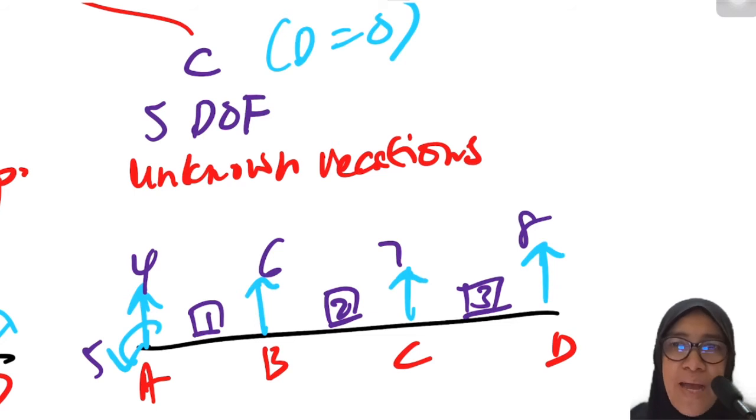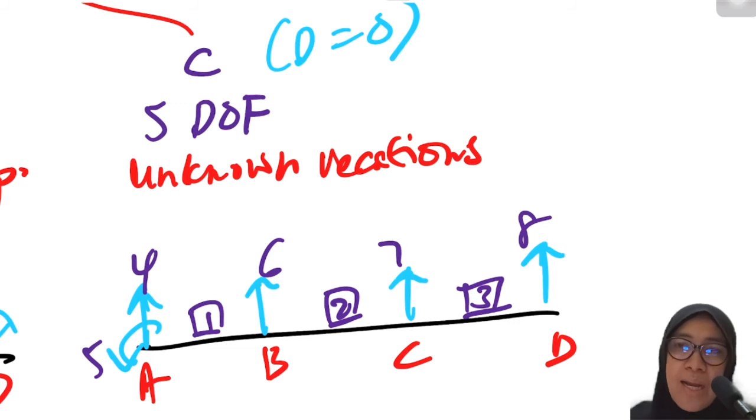If the settlement is given at D position, then we need to consider D8 as the value of displacement. If the settlement is given at C, then we need to change D7 to the value given. If the settlement is given at B, we need to put D6 not equal to 0 but equal to displacement.